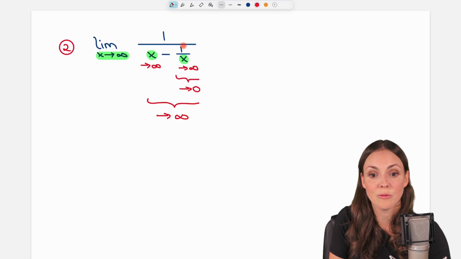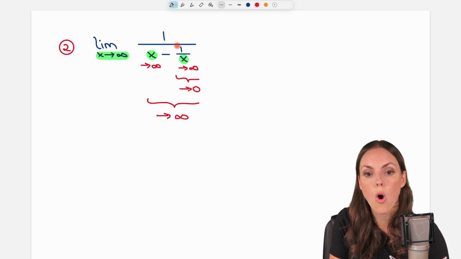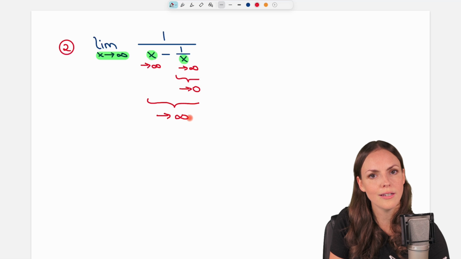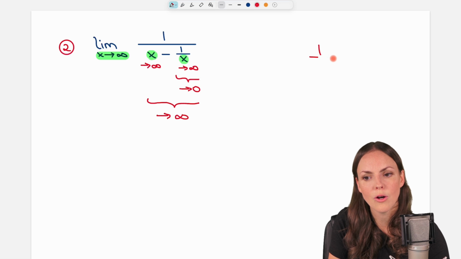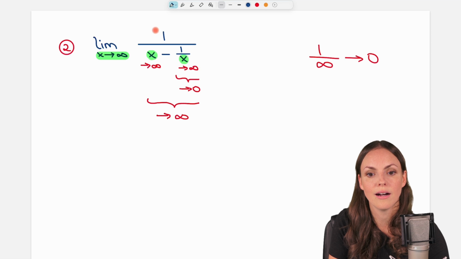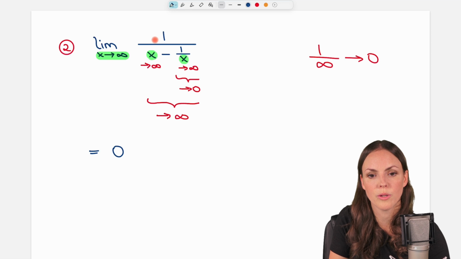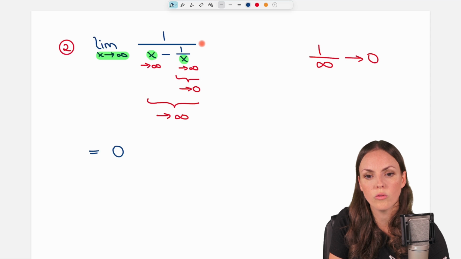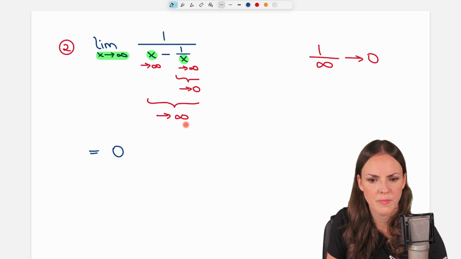But don't forget that we have this big fraction here. We have 1 over infinity, and we know now that this will approach 0. So in total, the limit of this function will be 0.